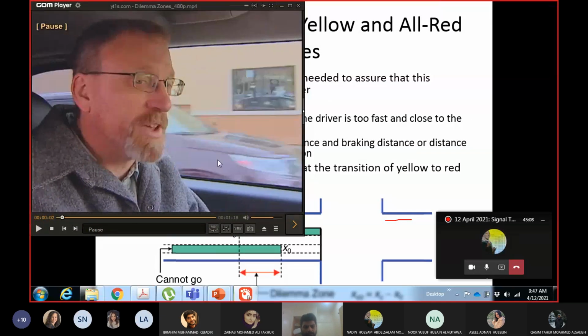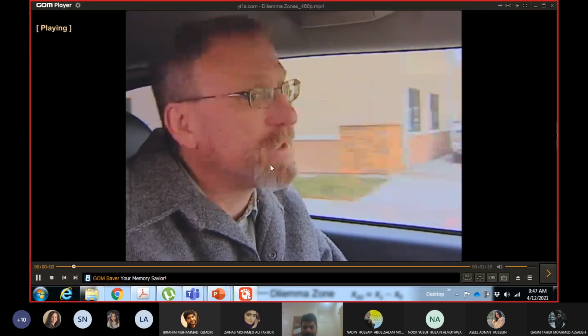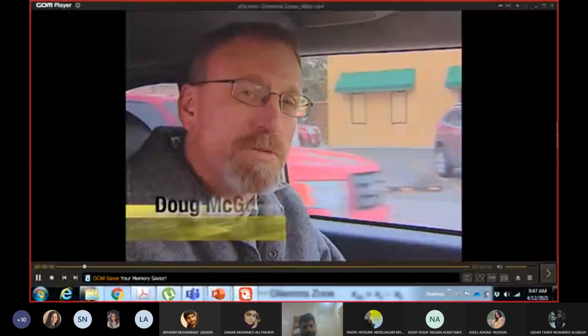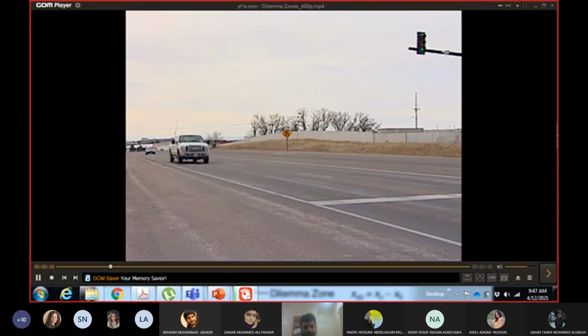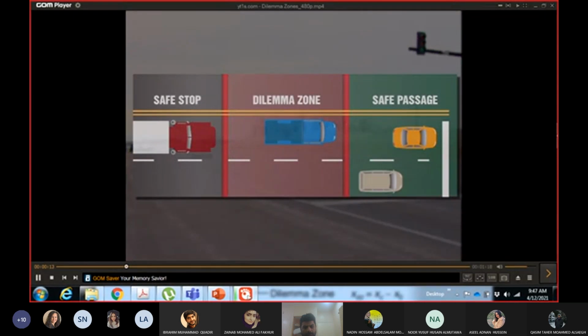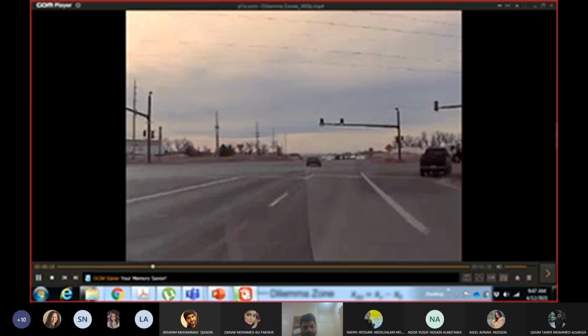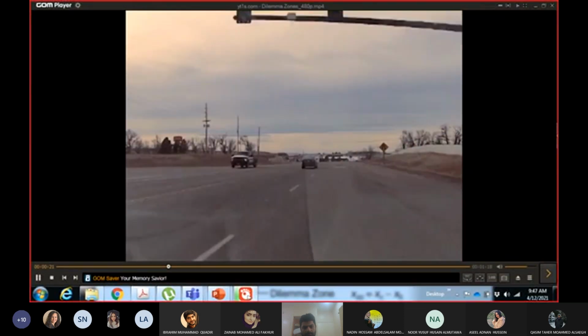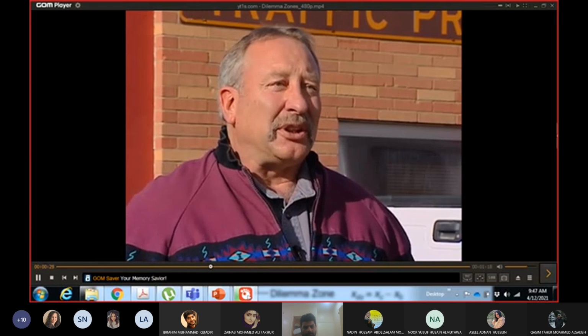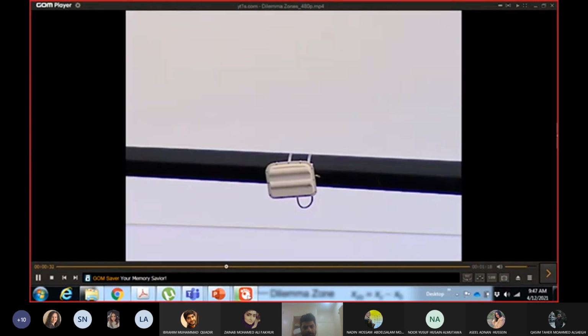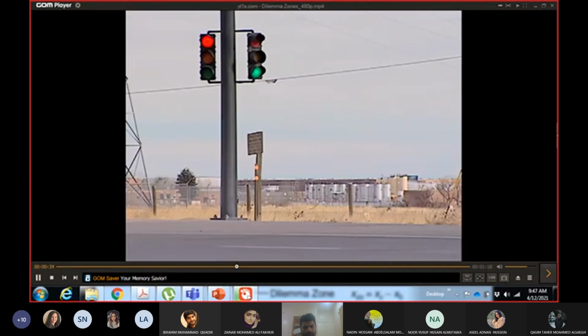You're nearing an intersection and the light turns yellow. Do you keep going and risk running a red light, or stop quickly and risk getting rear-ended? It's called the dilemma zone, the space between safe passage and a safe stop. In intersections with higher speeds or heavier truck traffic, decisions made in the dilemma zone can lead to crashes. What we're trying to reduce are rear end and run through crashes, so T-bones. WYDOT has been testing a new system which adjusts the timing of intersection lights based on approaching traffic.